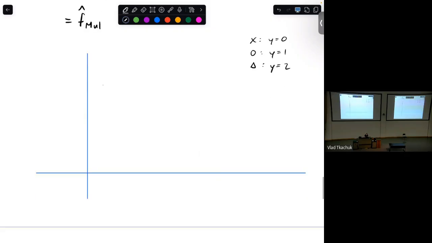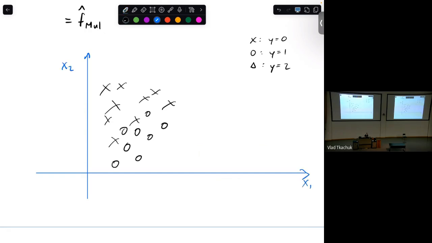And maybe you get data of this form. And then you get some circles. Of course, these are the features, so you have two-dimensional features, x2 and x1, just because we can't draw higher dimensions. Something like this. And then there are some triangles.